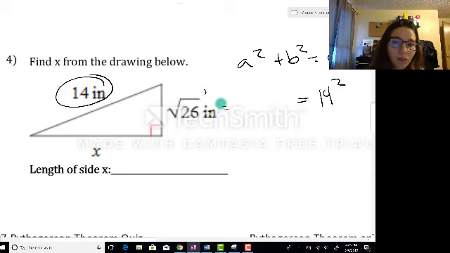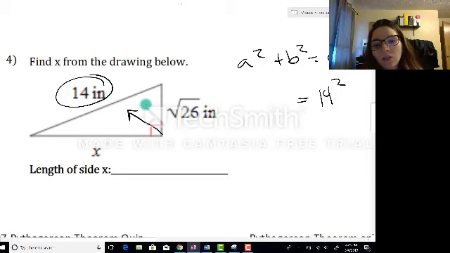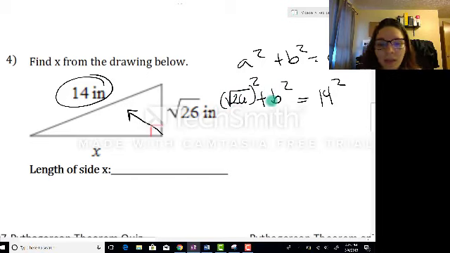I'm not just going to take 26 and I'm not just going to estimate the square root of 26. I'm going to put it in as it is. So you get the square root of 26 squared plus b squared. And just to keep things consistent, I'll make that x squared because we are trying to find x.